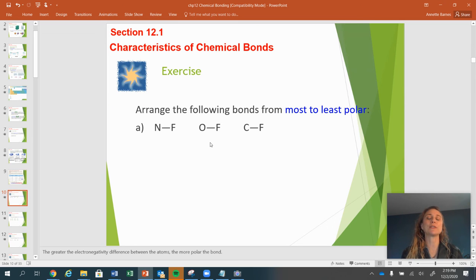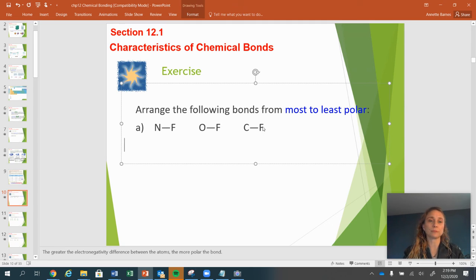All right, arrange the following bonds from most polar to least polar. Okay, so what you need to do is look at the chart and calculate the differences. So we've got to look up nitrogen electronegativity, 3.0. Fluorine, you don't have to worry about whether it becomes a negative difference or a positive difference in this case. We're going to say a difference of 1.0.